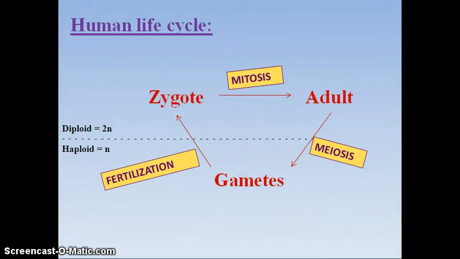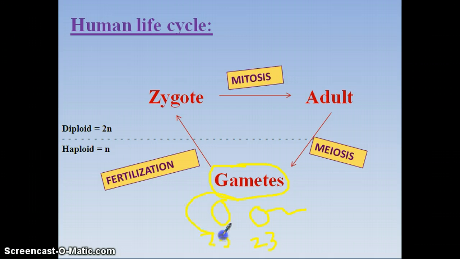This next slide sums a lot of this up, where you have gametes. The gametes include the sex cells, the egg, and the sperm. And the sperm contains 23 chromosomes, and the egg contains 23 chromosomes.